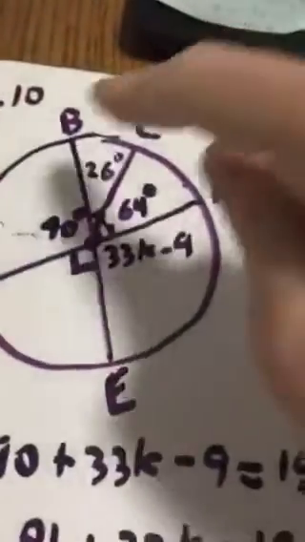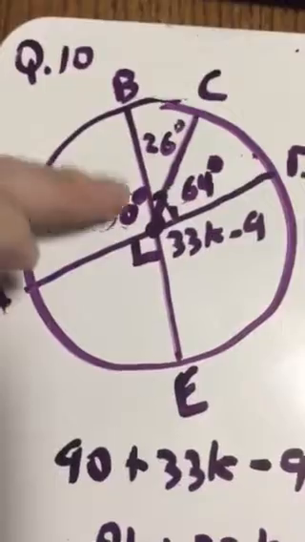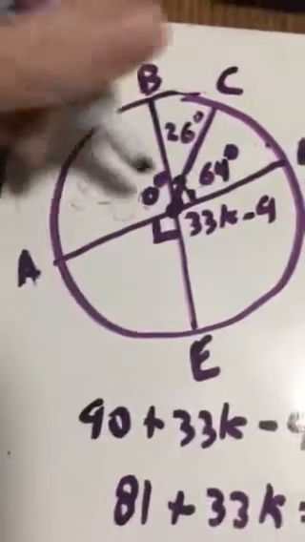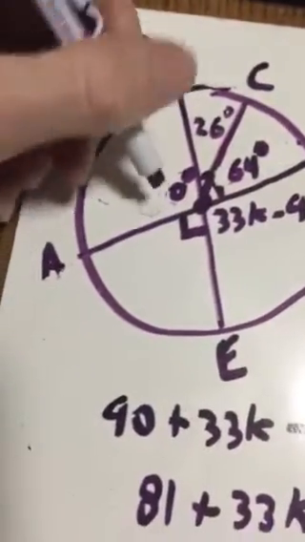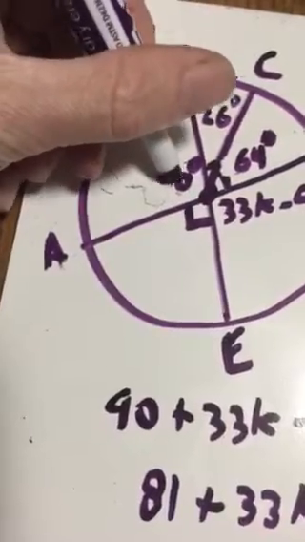Let me make this look more like a 90 right here. And of course, this is 90 degrees too. We have the vertical angles here. That's 90.